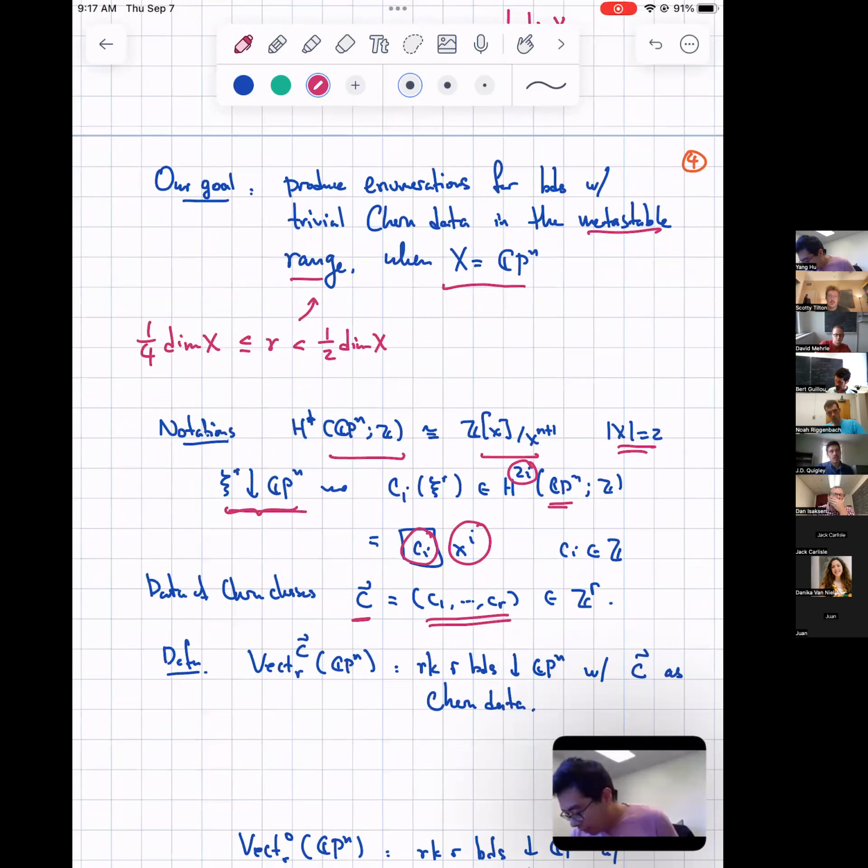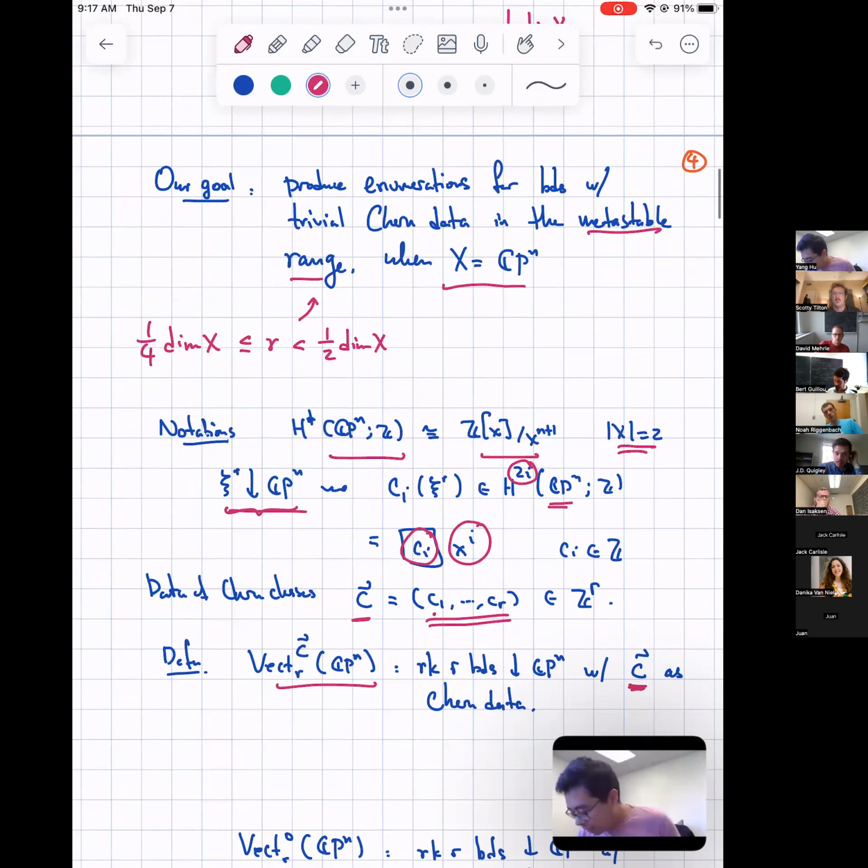So we're going to denote by Vect_R^c(CP^N) the subset of rank R bundles over CP^N with this fixed Chern class data. So it's the set of rank R bundles over CP^N whose first Chern class equals c_1, second Chern class equals c_2, and so on.